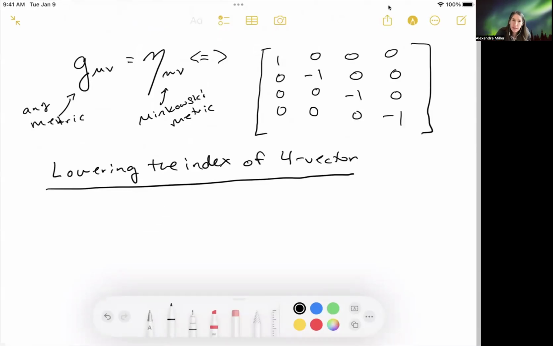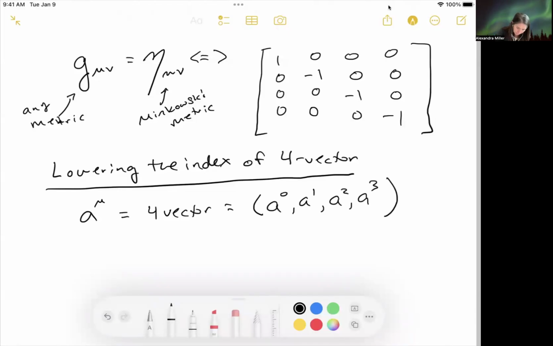They're going to come from multiplying by this metric. So for instance, if we are given some 4 vector a mu, maybe it's a0, a1, a2, and a3, with 4 components, then a nu is going to be equal to g mu nu a mu. Excuse me, I just messed up, that was not an allowed equation.